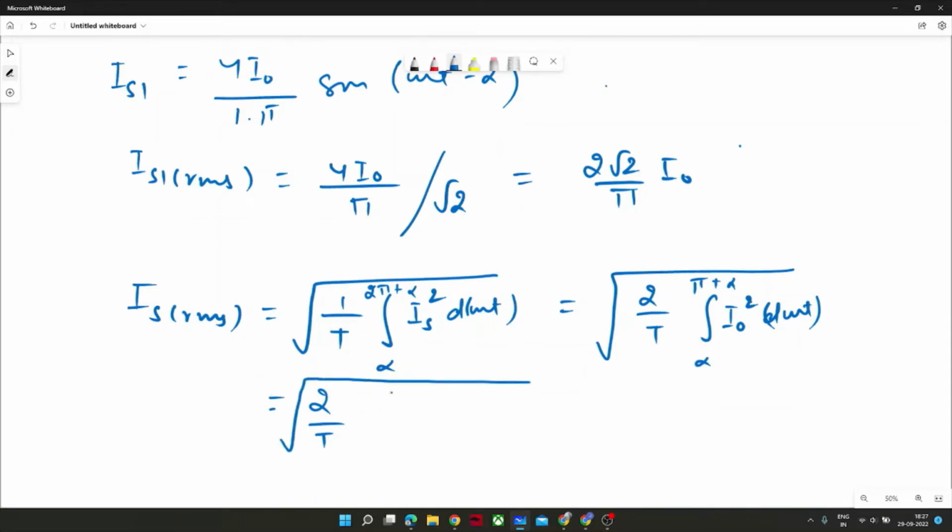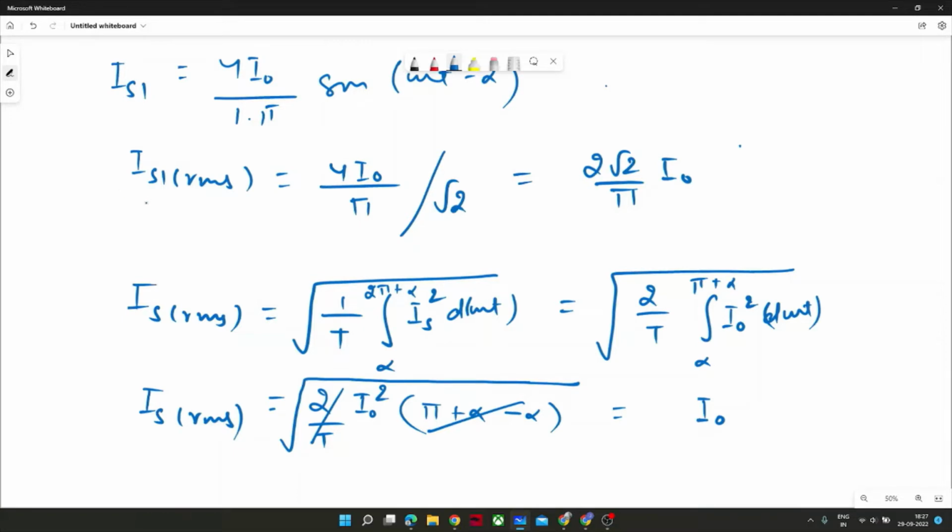I naught square is constant, so let me take it outside. And d omega t, if you integrate from alpha to pi plus alpha, it will become pi, and T is anyway 2 pi, so the 2 by 2 pi would get cancelled out, and it will become I naught. So that will be your IS RMS. Any doubt? I don't think so. It should be clear, but you can ask.